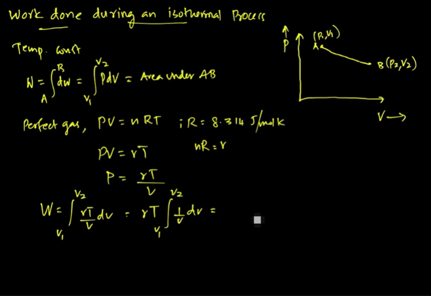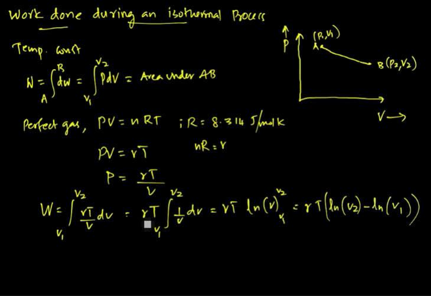The integral of 1 by V is the log of V, so it will be rT log V from V1 to V2, which is equal to rT times log V2 minus log V1. But log A minus log B is log A by B, so this equation can be written as rT log V2 by V1.